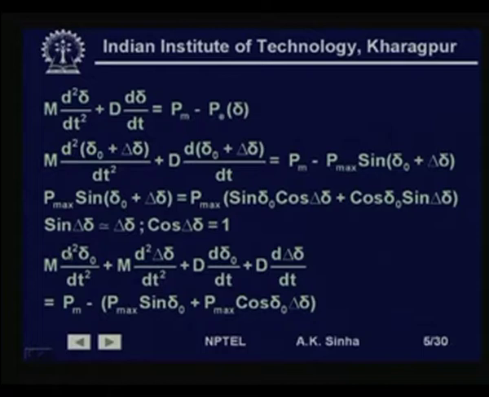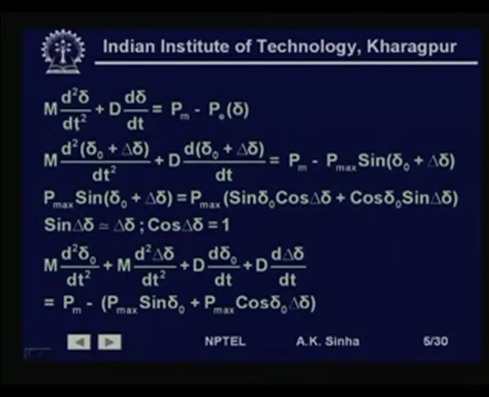Now, here m d2 delta 0 by dt2 plus d delta 0 by dt is equal to Pm minus Pmax sine delta 0, because initially the system is operating in a steady state before this disturbance took place.